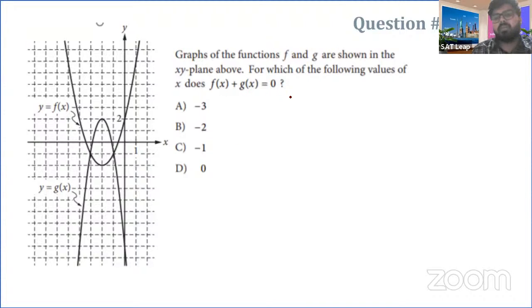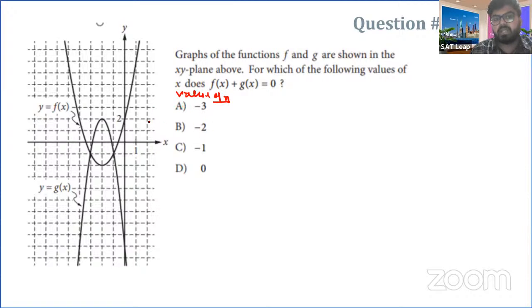Okay, now coming back to this question. The question is: for which of the following values of x does f x plus g x equal 0? The value of x is already given to us in the answers. So instead of looking at the graph and finding at what value of x both functions add up to 0, we can take the help of the answers here.